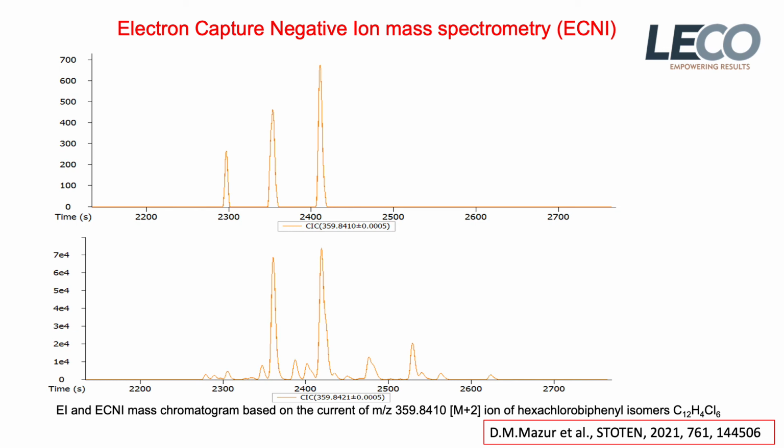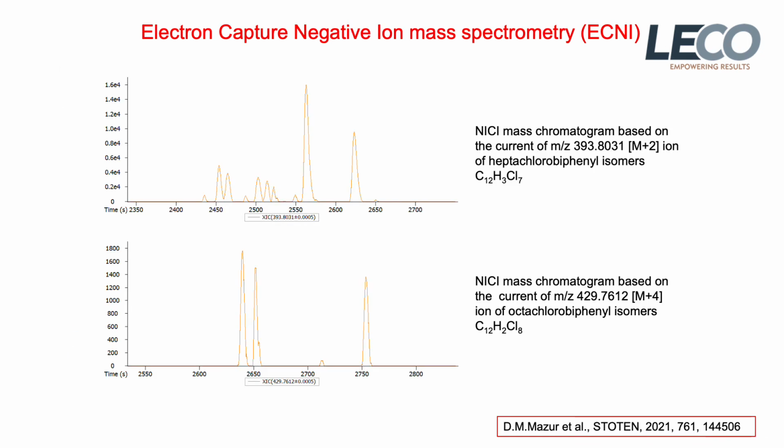Besides, the intensity is 70,000, so 100 times higher. Definitely, this is the method of choice when you are dealing with those compounds. We couldn't find any peaks of heptachloro or octachlorobiphenyls with electron ionization. With electron capture, no problem to carry out even quantitation.